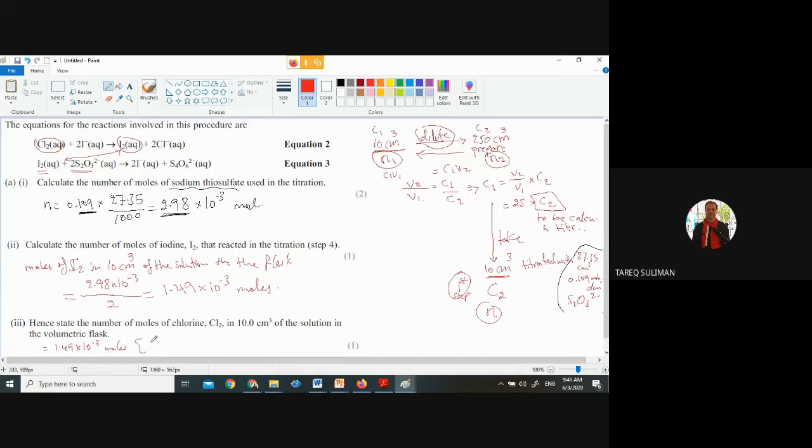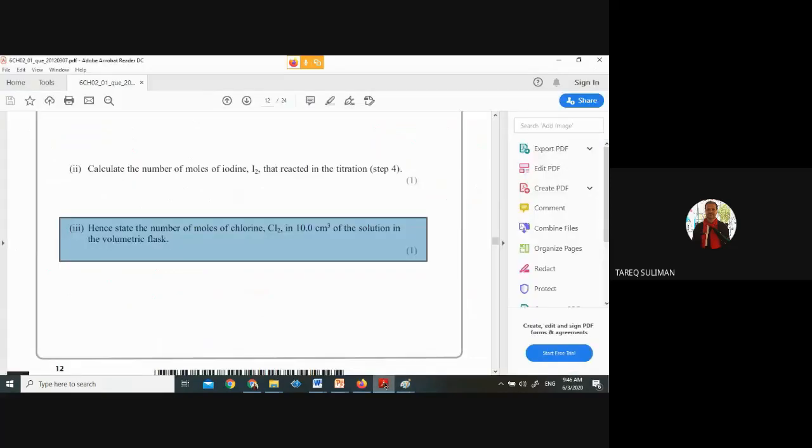We mentioned because I2 and Cl2 are 1:1 mole ratio. Okay, like this. So we calculated chlorine in the 10 centimeter cube. Then they will ask us to find in the 250.